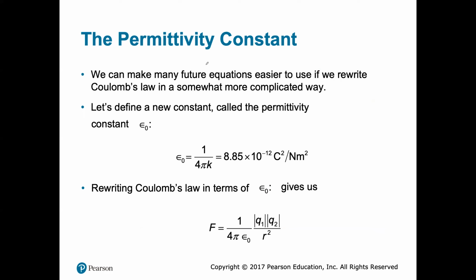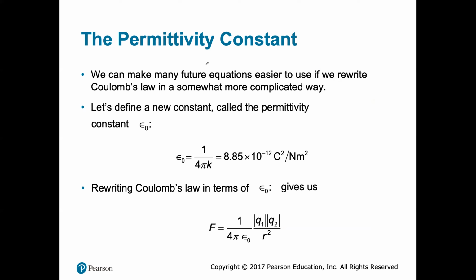Now, let's talk about some more details about Coulomb's law. In Coulomb's law, we have a constant, which is K. Actually, this K could be interesting. It could be different in different materials.